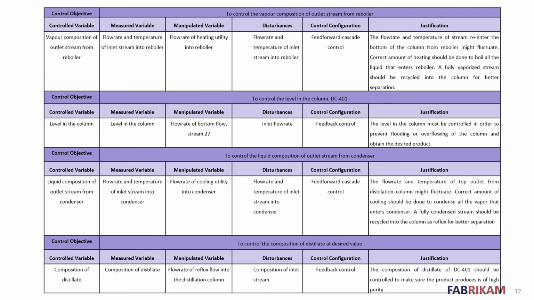To control the liquid composition of outlet stream from the condenser, the flow rate of cooling utility into the condenser was manipulated. The control configuration is feed-forward cascade control. Finally, to control the composition of distillate at the desired value, the flow rate of reflux flow into the distillation column was manipulated.